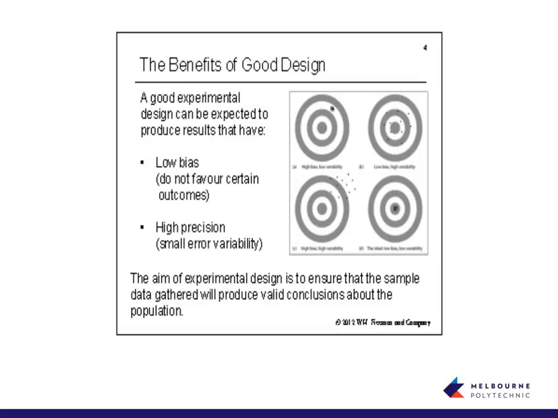If we look at the top left dartboard again, we see a tight grouping of, in this case, darts. Nice tight grouping, which means if this was a data set, the values would have a low standard deviation because there's not a lot of spread.